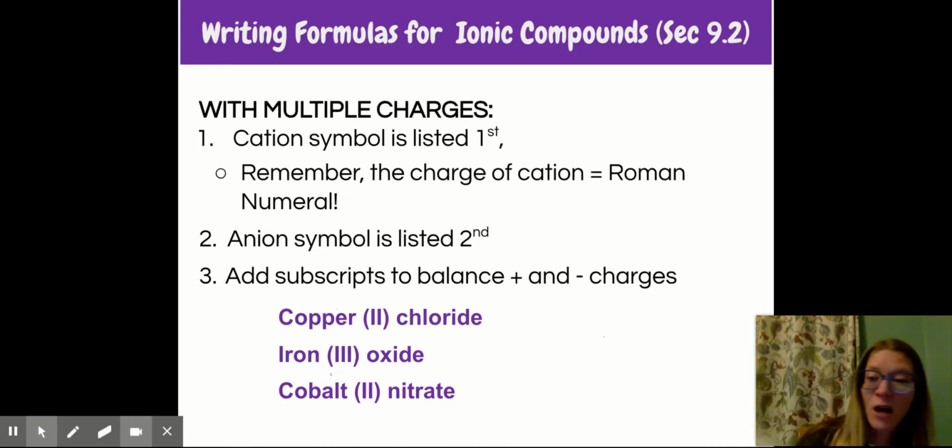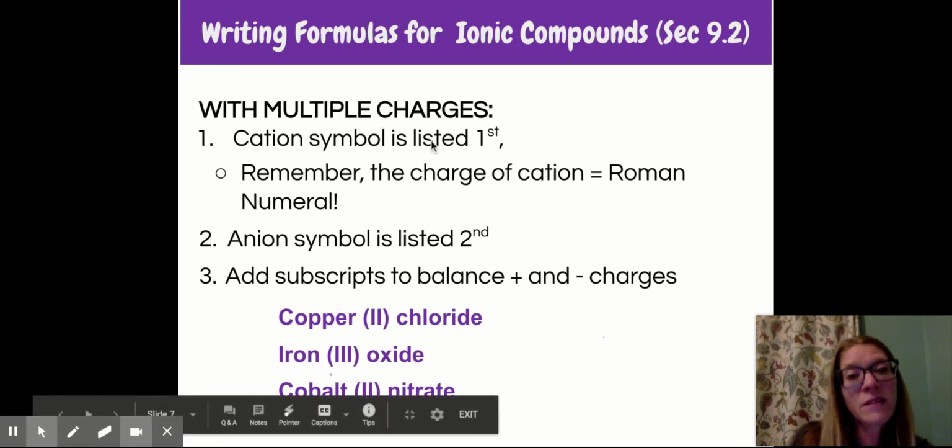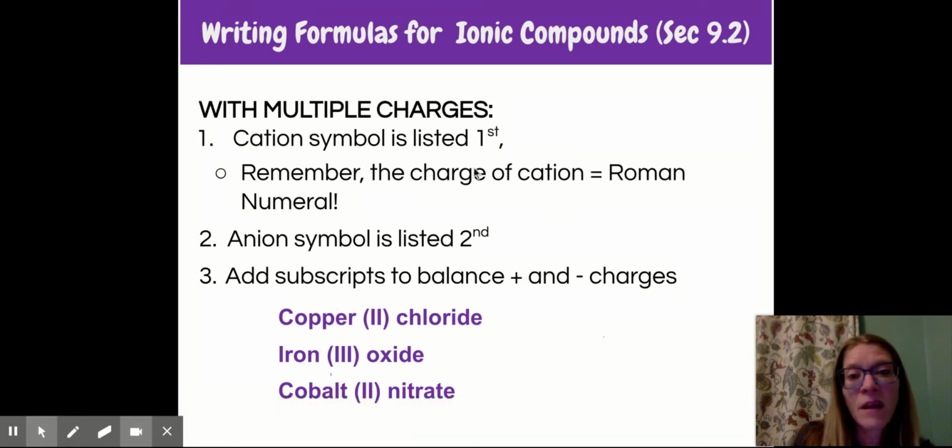If we have multiple charges for our cation, when you're writing formulas, the cation symbol is always listed first. And remember, the charge of the cation will be shown as a Roman numeral. Then the anion is listed second. And then you would add subscripts to balance your positive and negative charges.